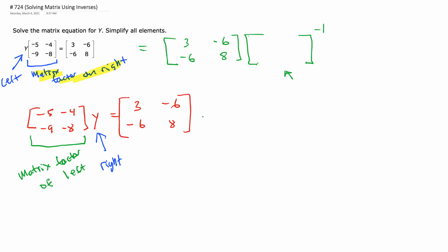If it was this one over here, it would be on the left. Your inverse matrix will go there, and then times this one, which goes here: 3, -6, -6, and 8.